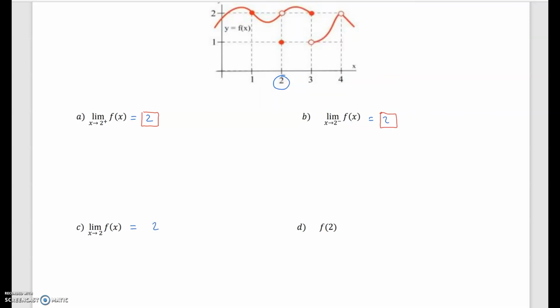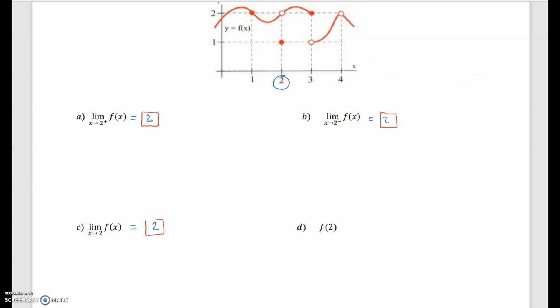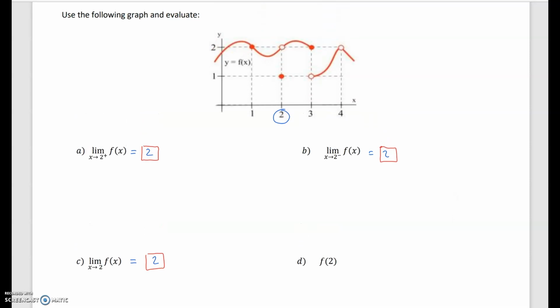And that is because on both ends, the function approaches the value of 2. That's it for this one. If you had not an agreement coming from the positives or the negatives, then the limit is not defined at 2.